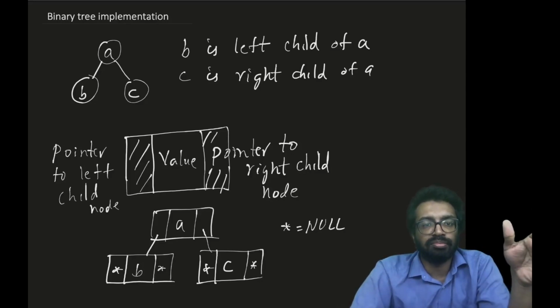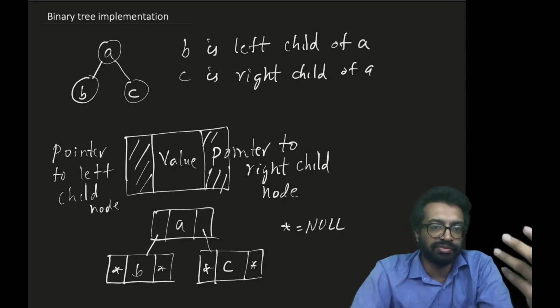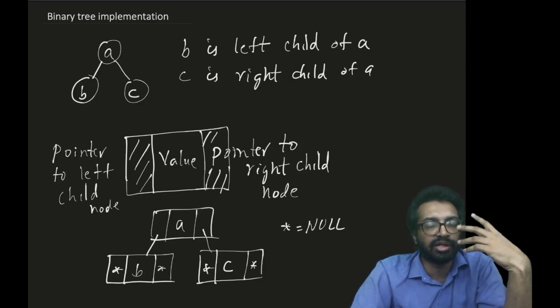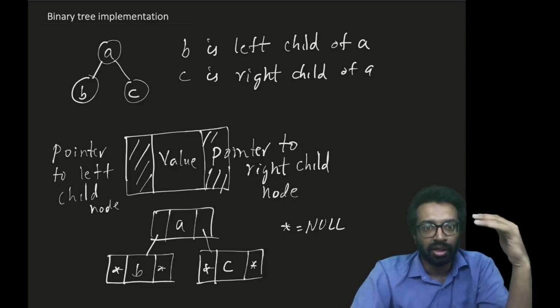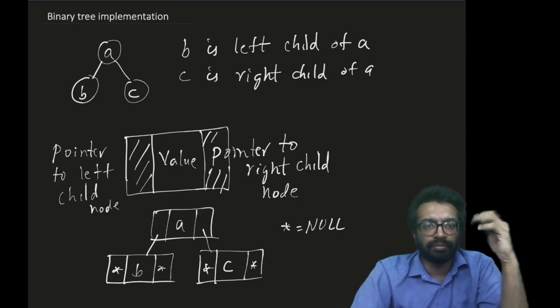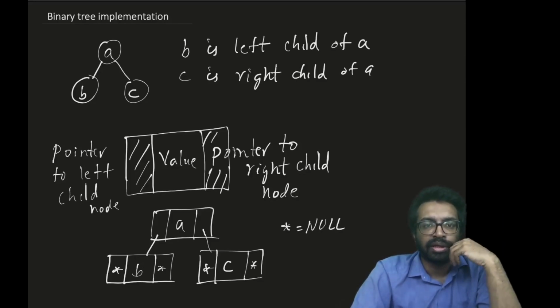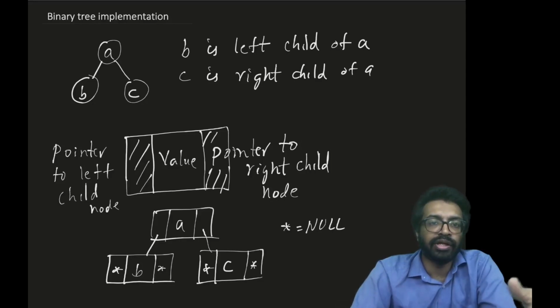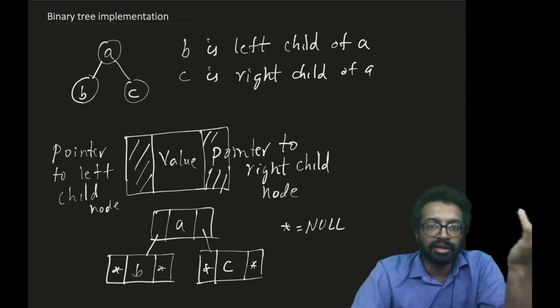The next important thing: all the properties of trees which we have considered, we can think in terms of binary trees. For example, what is the height of a binary tree, the depth of a binary tree, right? Now, another question which we addressed in trees is the following.